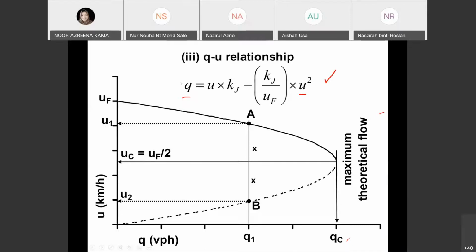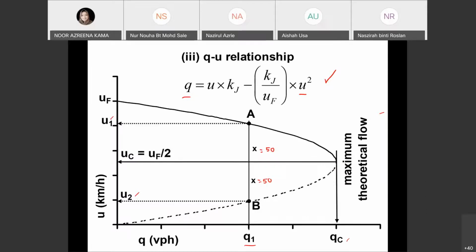One value of Q will give 2 values of U. Therefore, at Q1 here, kita ada U2 and U1. Dia ada 2 values of U: U under stable condition, U under unstable condition, with the same equal distance. Okay, contoh kalau sini 50 dan yang ni pun 50, sebab dia divide the polygon into 2.